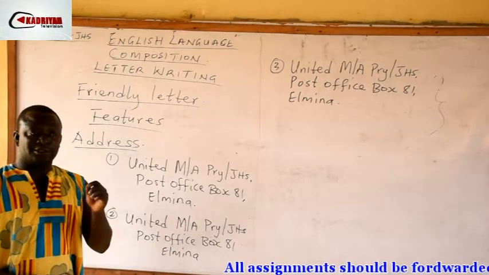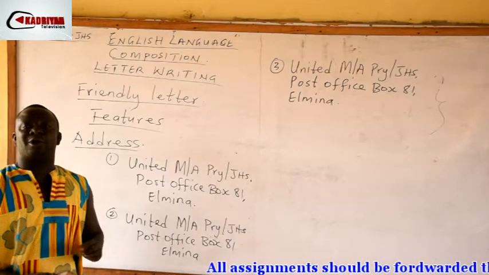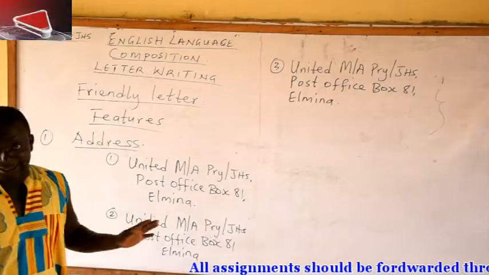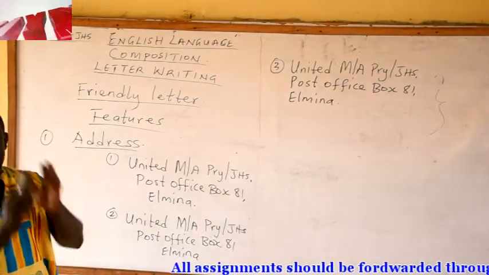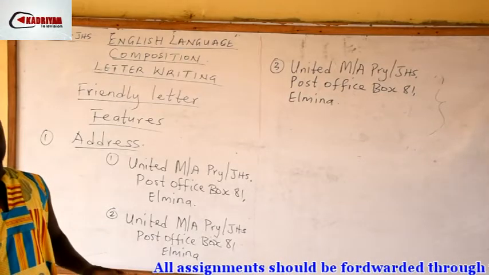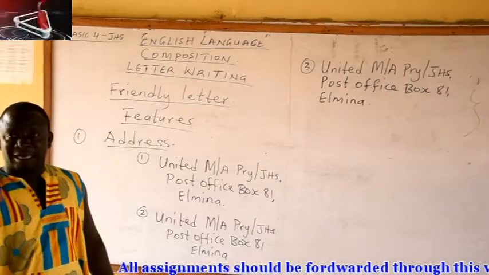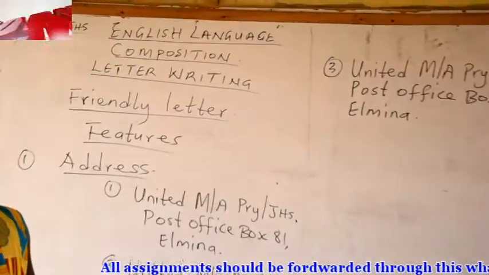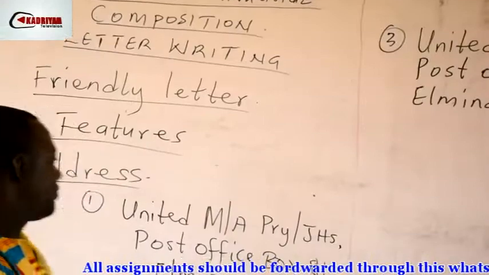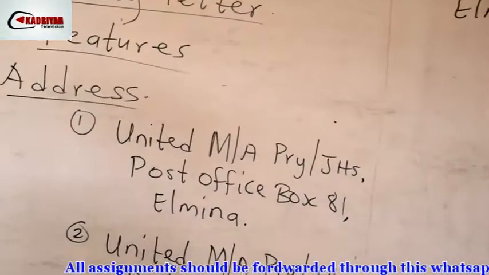If you choose to punctuate it, make sure you bring all the punctuation marks. When you start and you leave somewhere, you stop, it means you are wrong. They will cancel it. That is one of the features of a friendly letter.